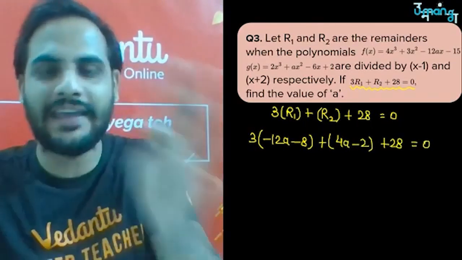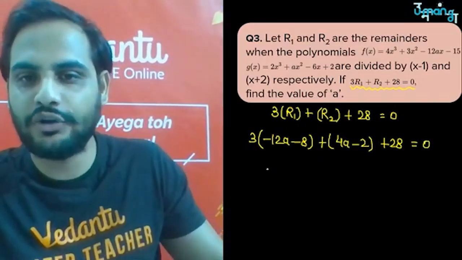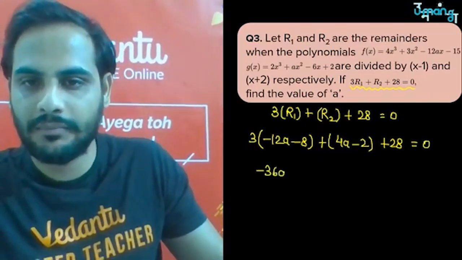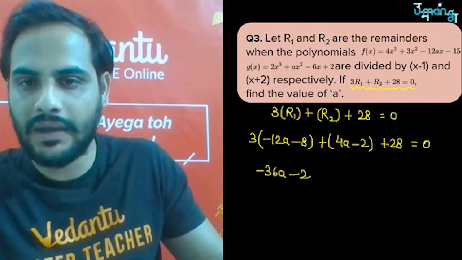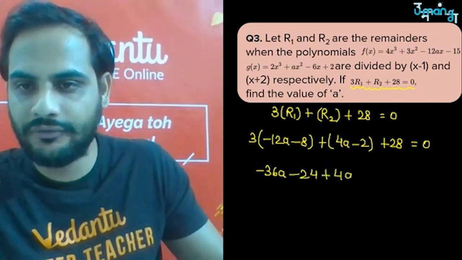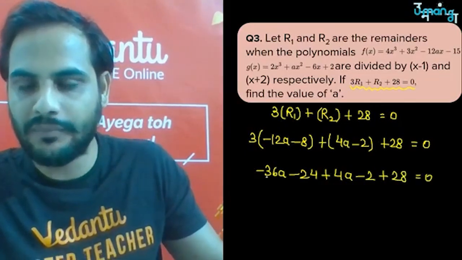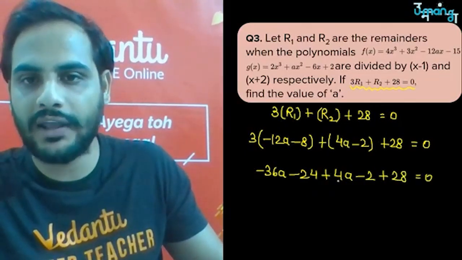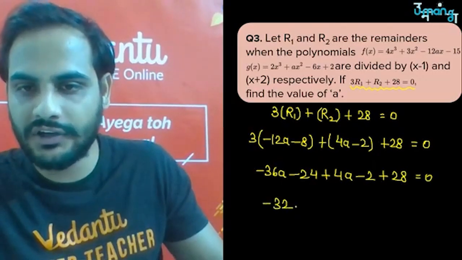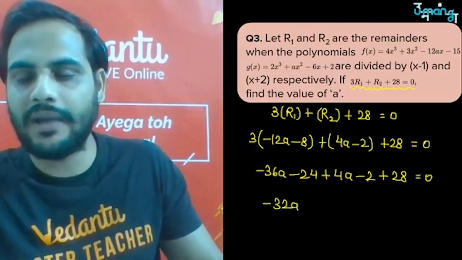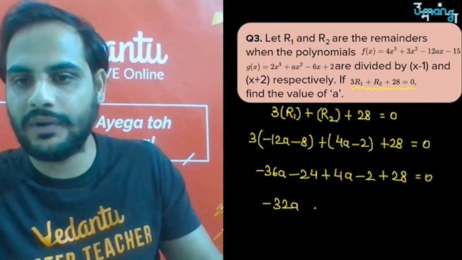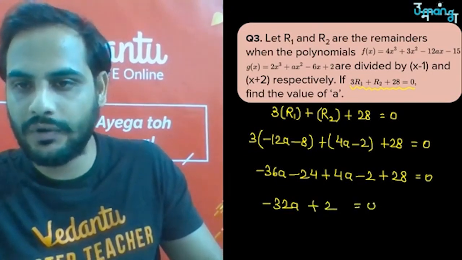Now this is an equation in a which we can easily solve. 3 into minus 12a is minus 36a, minus 24, plus 4a minus 2, plus 28 equal to 0. So minus 36a plus 4a will be equal to minus 32a, and minus 24 minus 2 is minus 26, plus 28 is plus 2, equal to 0.